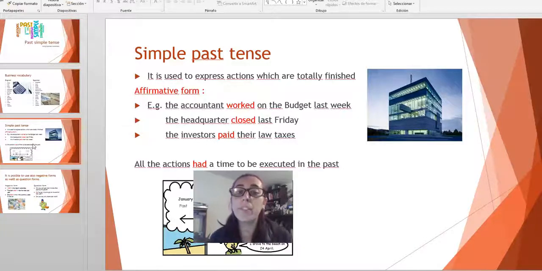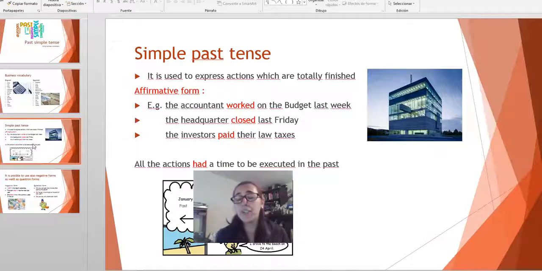So when you use affirmative forms, as you remember, we have two different kinds of verbs, right? We have the regular verbs and we have irregular verbs. What is a regular verb? As you remember, we have regular verbs finishing in ed, right? We have the infinitive form, and then we add ed, right?